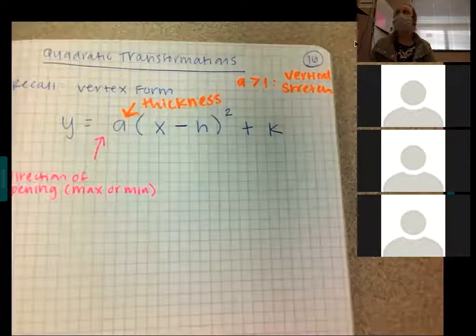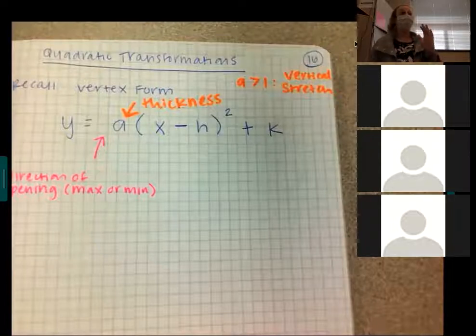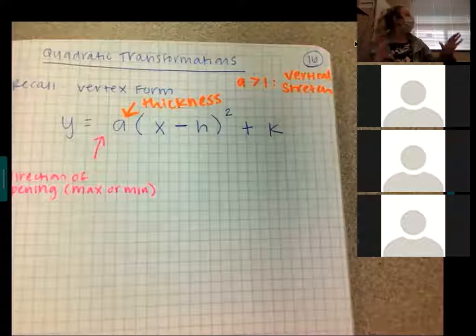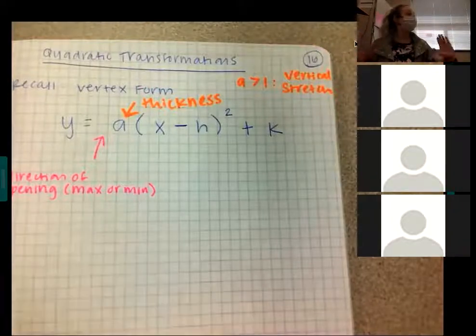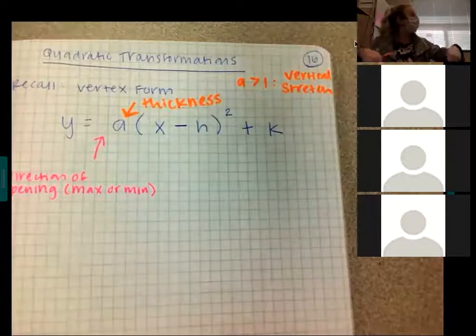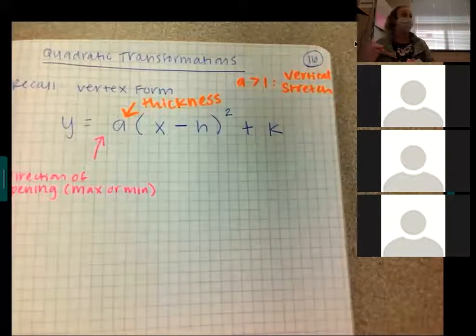I know mine's kind of sloppy. You can make yours neater. So the smaller A gets, what did you guys say happened to the graph? Yeah, it gets wider. And the word I used up here when I was pushing it away, you're pressing it down. So the word we use in math to say that we're making it smaller or pressing it down is compress, okay?